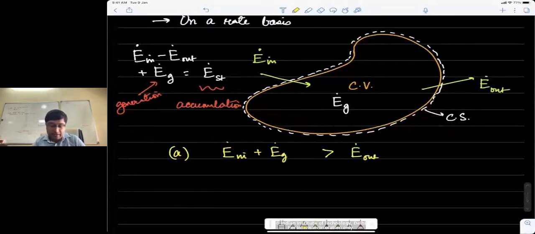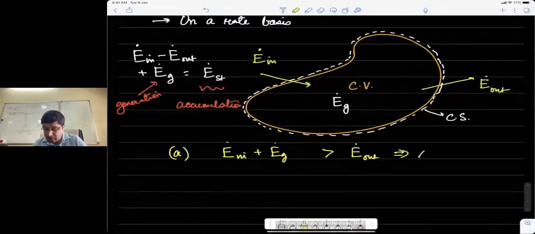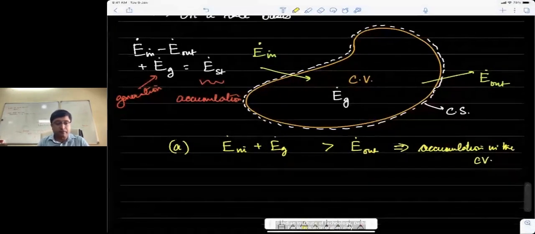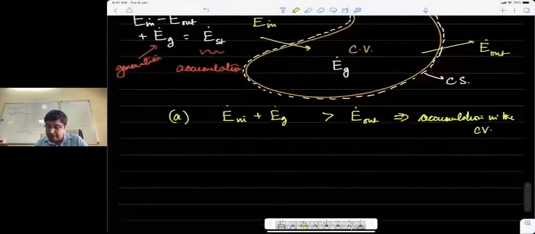If that was the case, it clearly is a scenario where energy will be accumulated in the CV. So this will lead to accumulation, and in most problems that we will do, this will actually lead to a rise in temperature within the material.